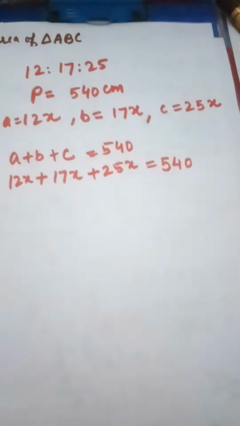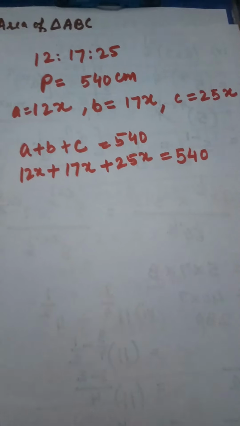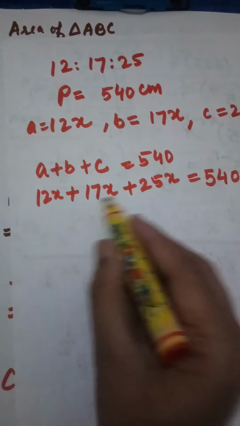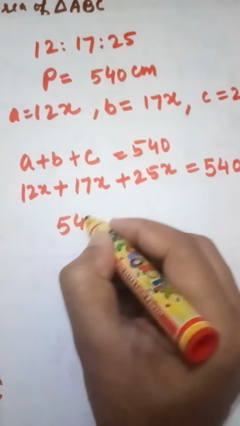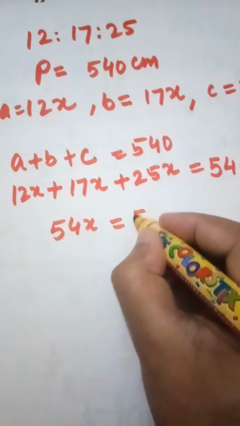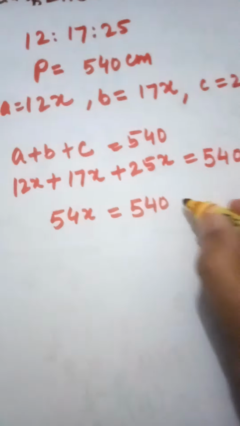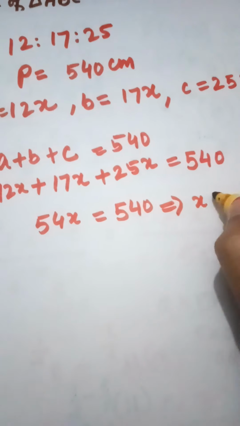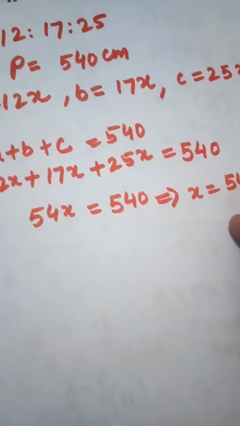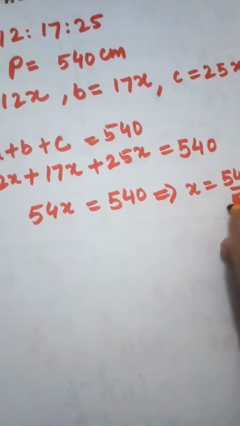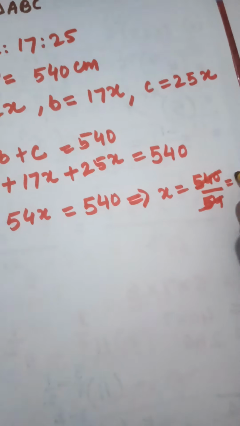Now if you add all these three numbers you will get 54x is equal to 540, and very easily you can obtain x from here as 540 upon 54. This is equal to 10.